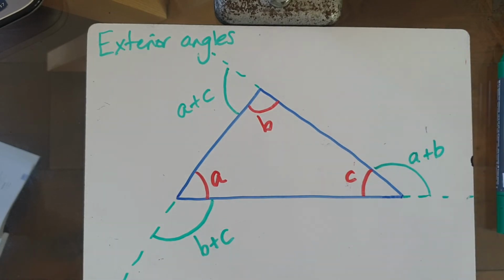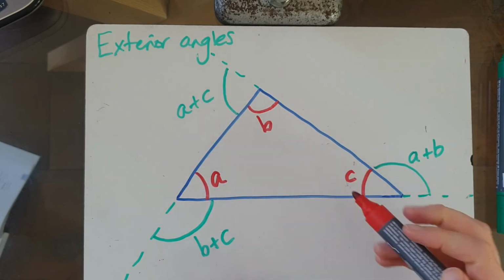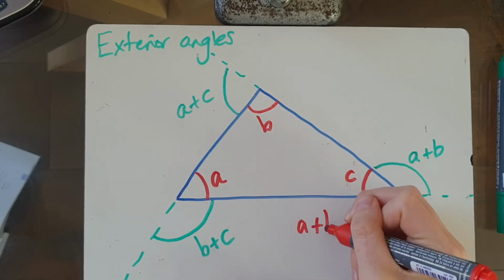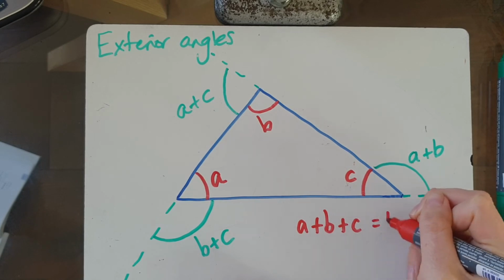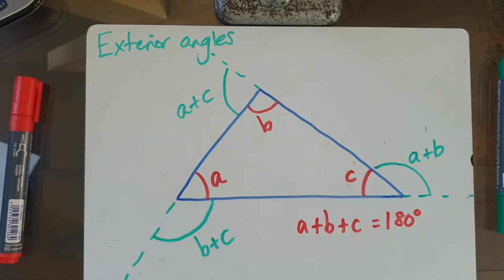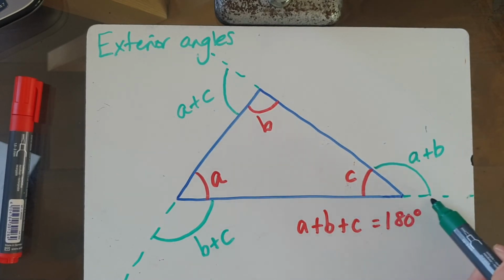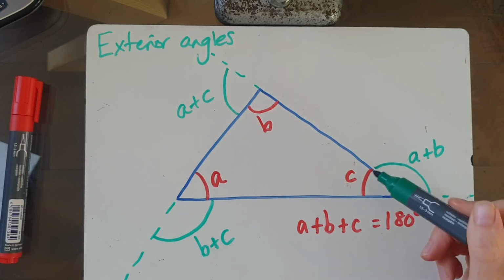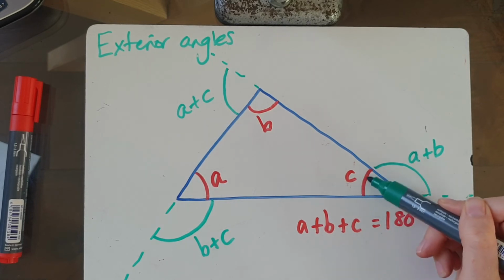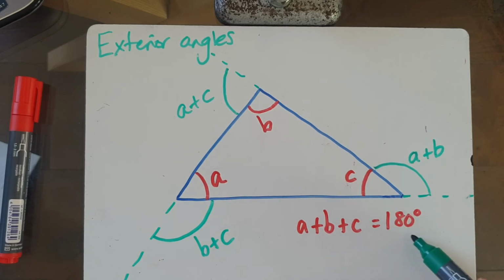It's because inside a triangle, the angles add up to 180. So A plus B plus C equals 180 degrees. But also angles on a straight line add up to 180 degrees. So this angle C plus this green angle must equal 180.